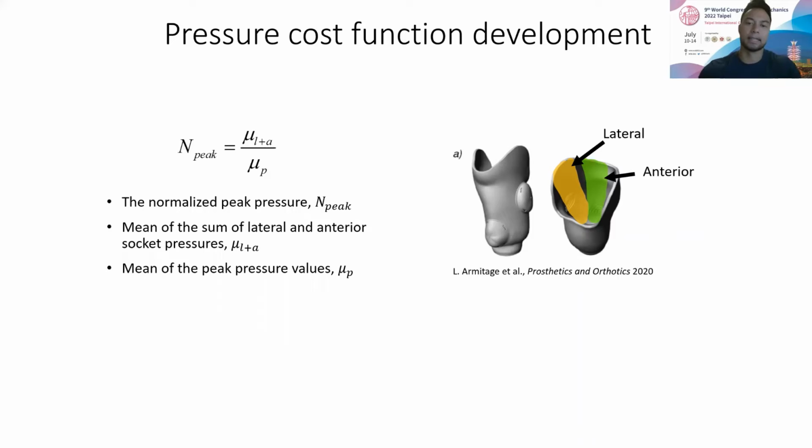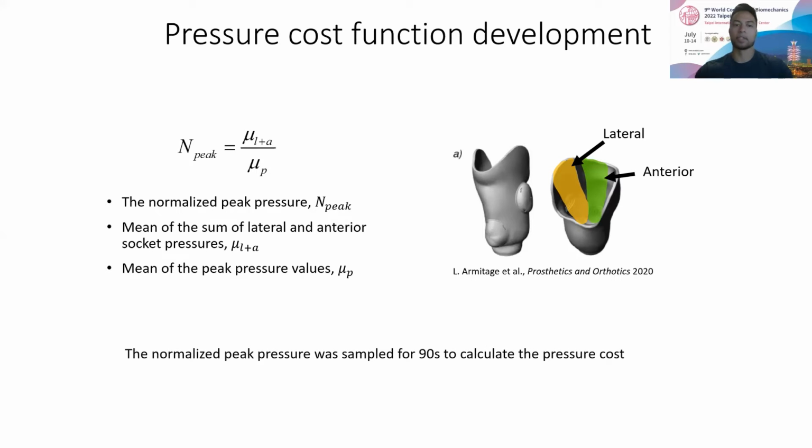On the right-hand side, you can see an image of a socket for a transtibial amputee. The color yellow is the lateral pressure sensor that would be fitted into the socket, and the green is the anterior pressure sensor. That is how we obtain our pressure measurements within the residuum socket.